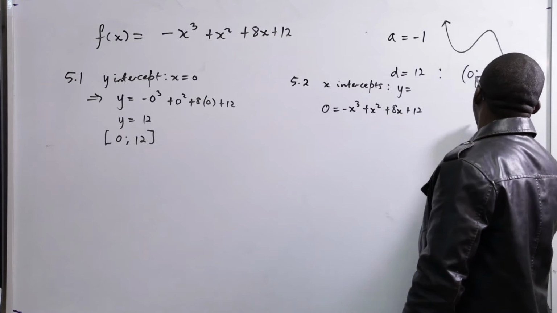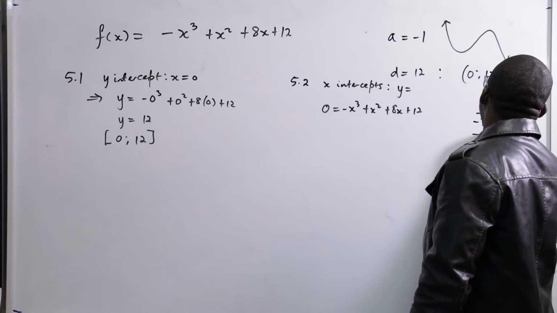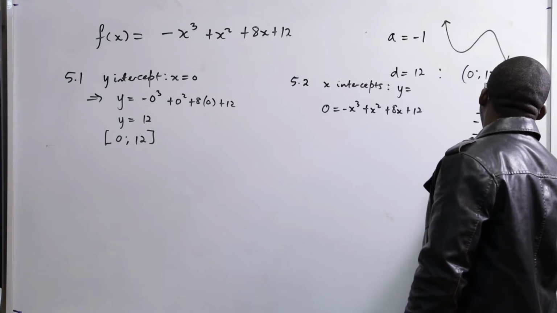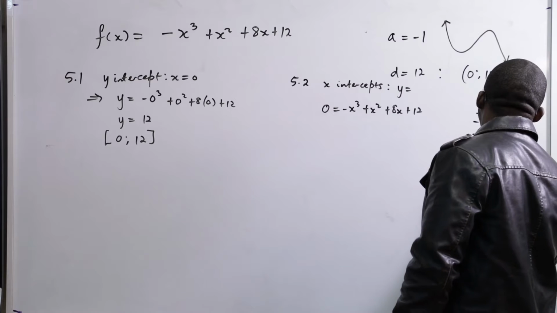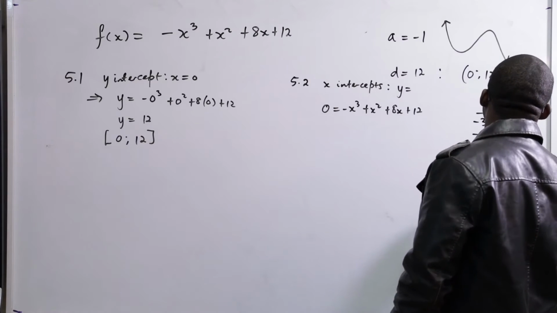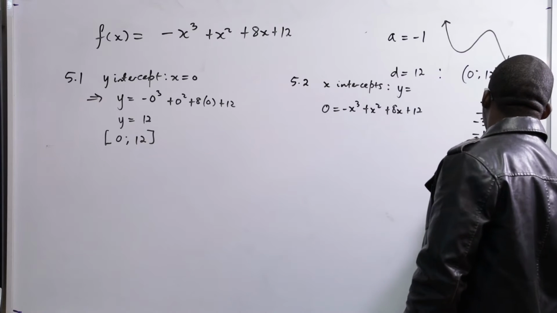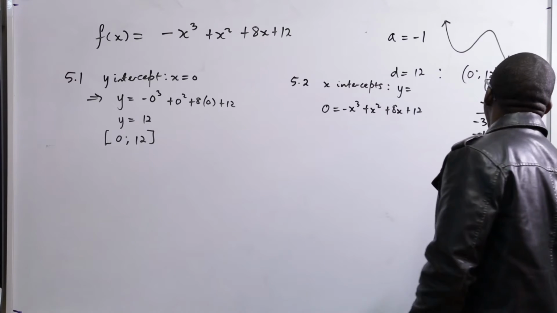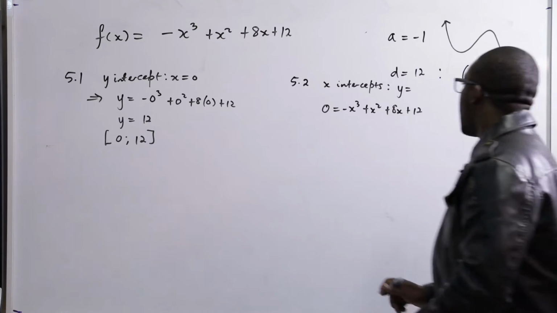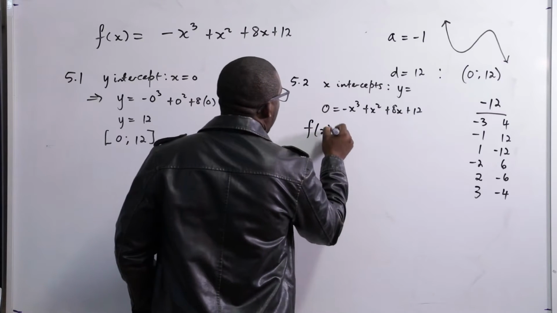Factors of minus 12 are minus 3 and 4, minus 1 and 12, 1 and 12, minus 2 and 6, 2 and minus 6, then positive 3 and negative 4. If we substitute one of these, we are going to get a corresponding factor. Let me start with f of positive 2.